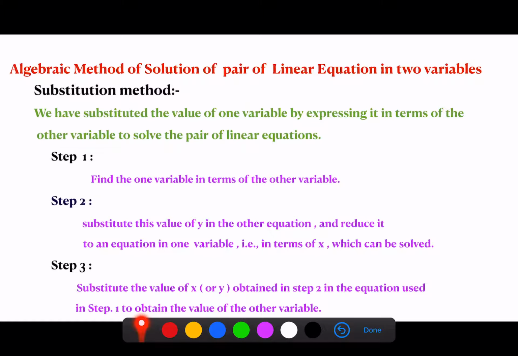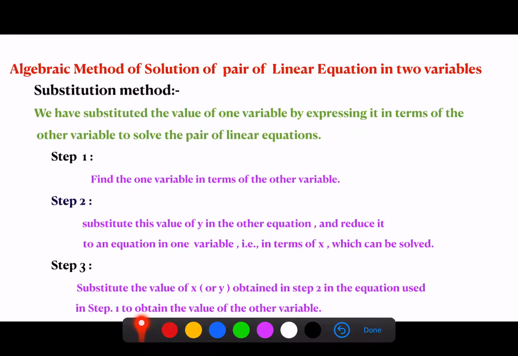Here we substitute the value of one variable by expressing it in terms of the other variable to solve the pair of linear equations. So this is the main point, step 1. And step 2, substitute this value of y in the other equation and reduce it to an equation in one variable, that is in terms of x, which can be solved.